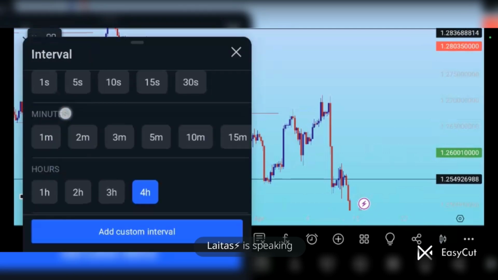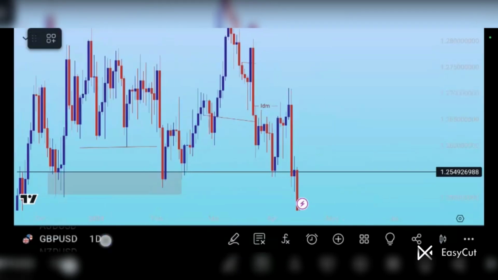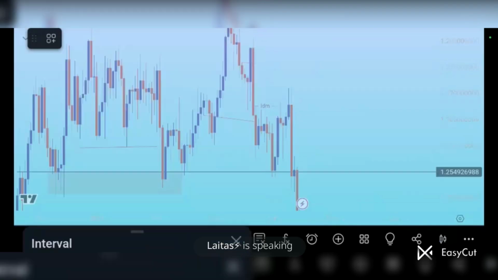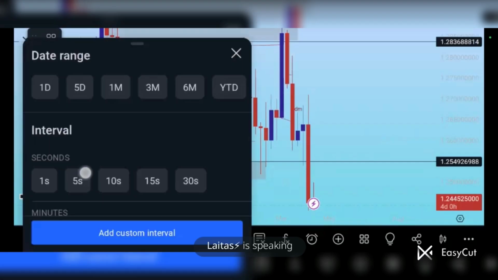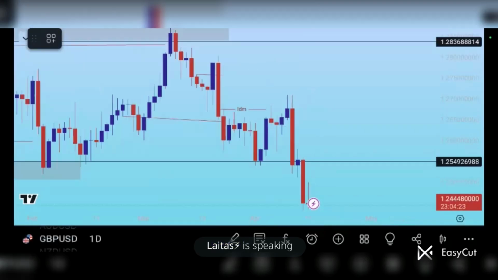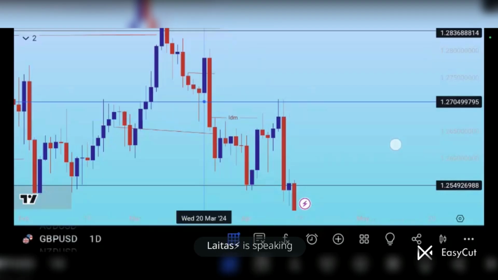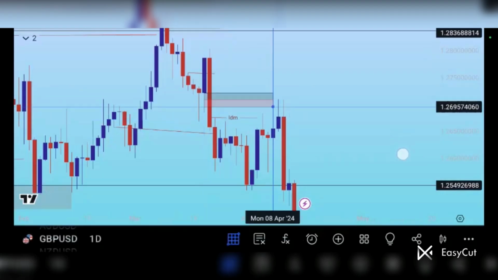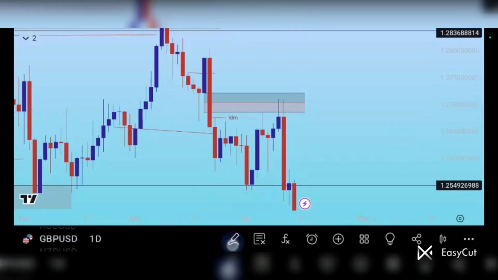Then at time frame, let me check weekly. Let me start from weekly first. Nothing on weekly. Then daily. What can I see on daily? Okay. 50% of this on daily.